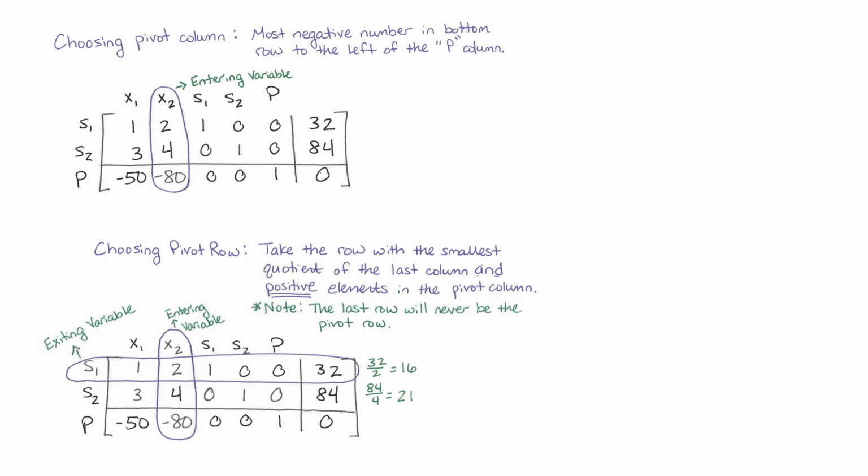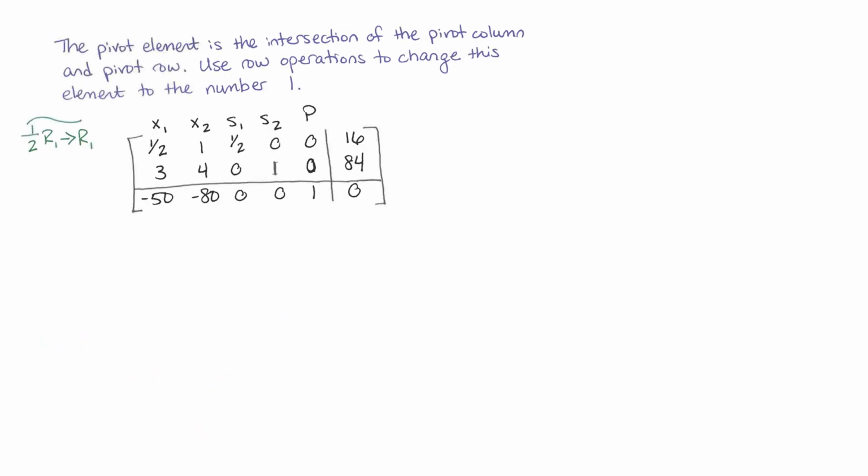So notice that right now the S1 column has the form 1, 0, 0. Well, because x2 is going to switch places with S1, it should look like 1, 0, 0 when we finish. So we want to change that pivot element, that intersection element, which is 2 in this case, to a 1. So we do that using row operations.